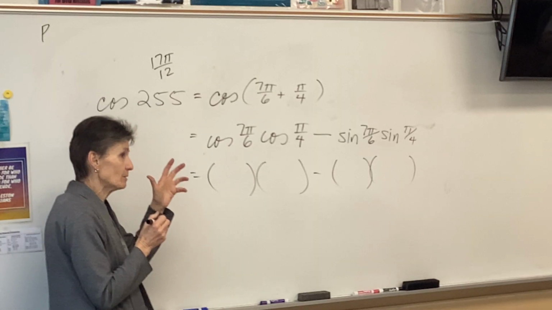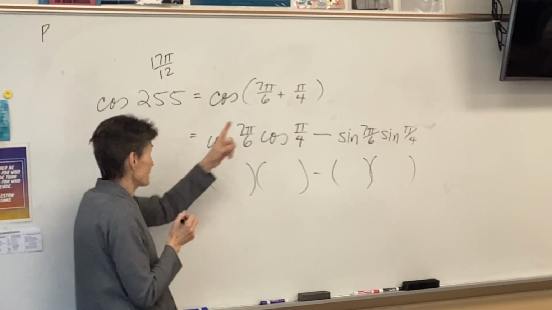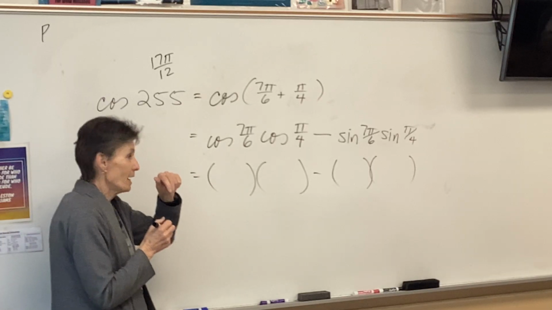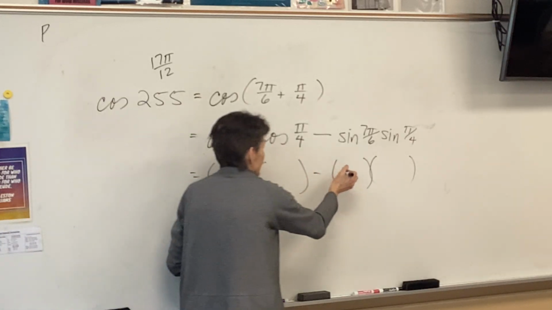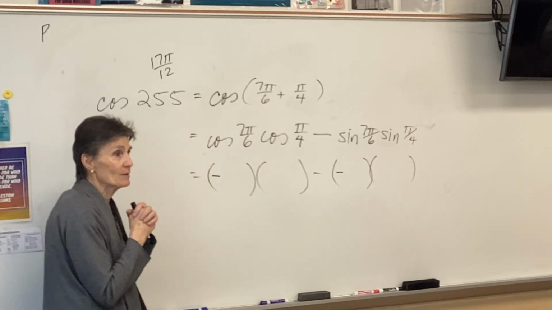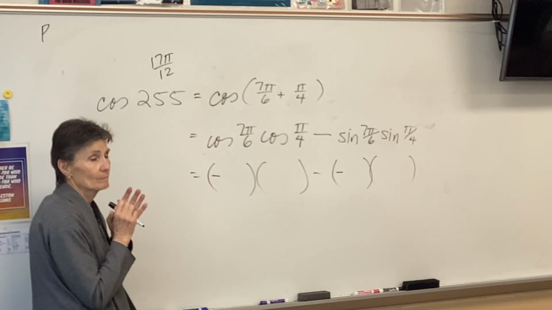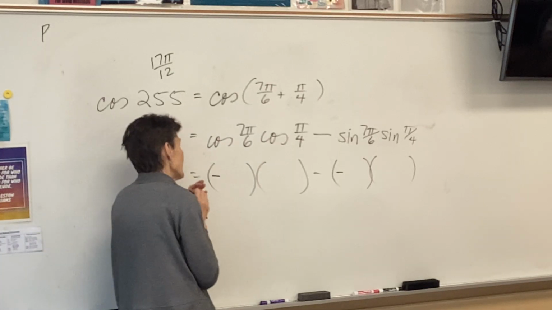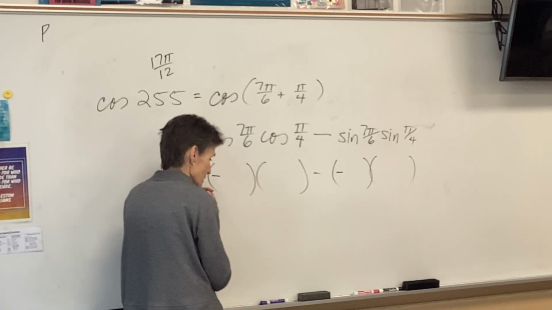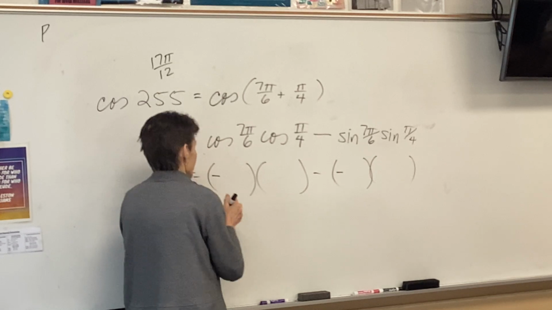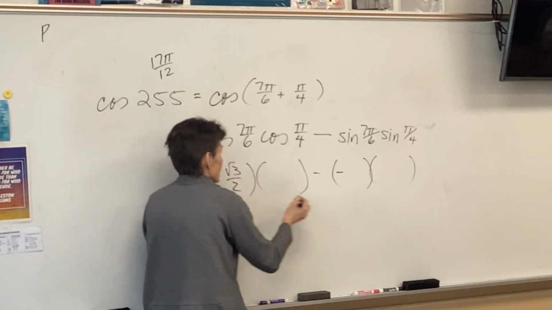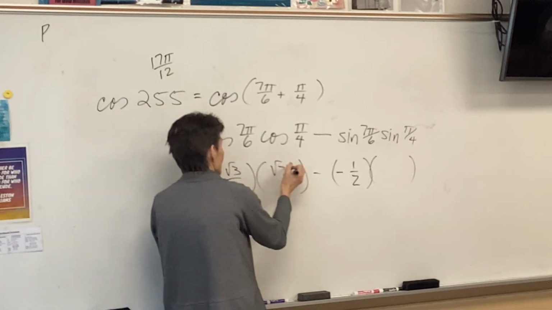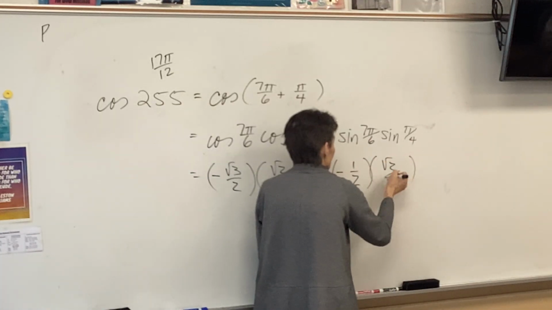Because 210 degrees, or 7 pi over 6, is in quadrant 3. And so won't the cosine and the sine both be negative down there? So the cosine of 7 pi over 6 is negative root 3 over 2. This one's negative 1/2. These guys are root 2 over 2.